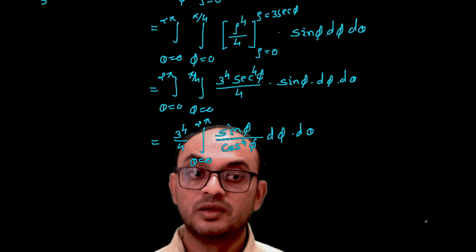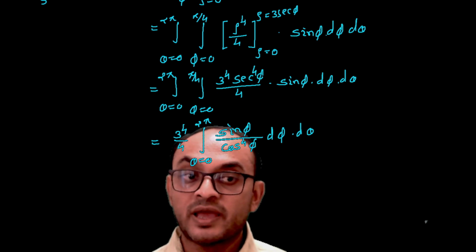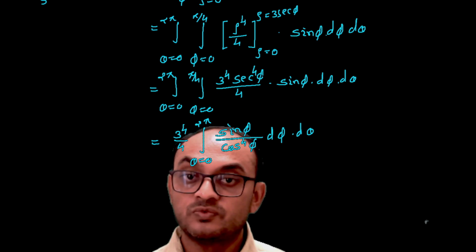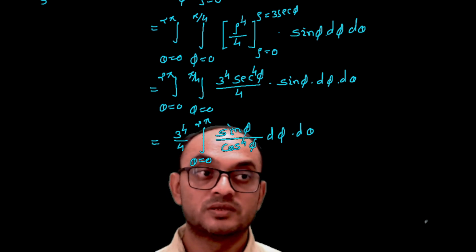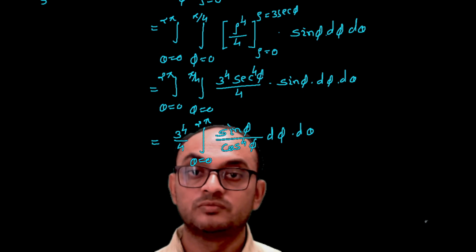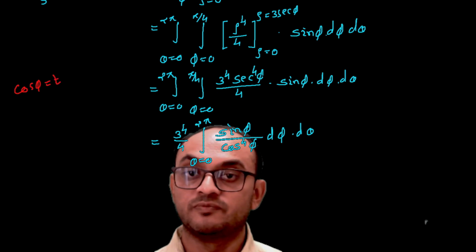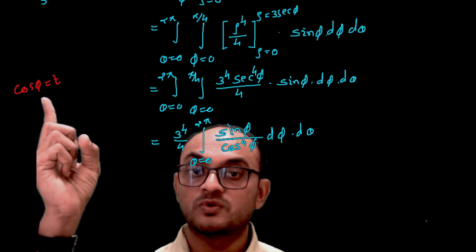Clear? So suppose I assume that cos phi is equal to t. Then what is the derivative of cos phi?